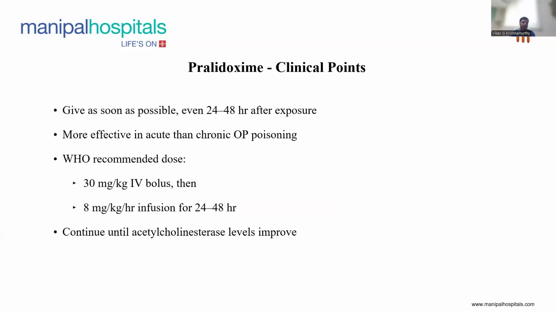Clinically, pralidoxime has to be given as early as possible and is more effective in acute than chronic OP poisonings. The WHO recommended dose is 30 mg per kg IV bolus, followed by an infusion of 8 mg per kg per hour. It has to be continued until acetylcholinesterase levels improve.